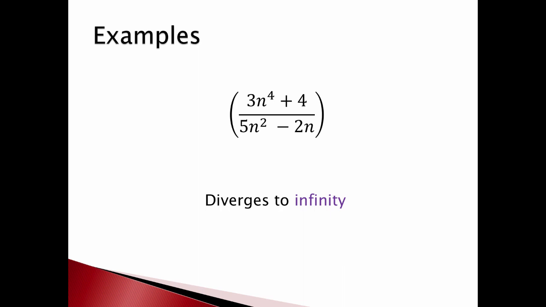So unless there are problems that require more work, like using L'Hopital's rule or something funny like that, we'll see examples of those in a later video. We can just look at this and just see what the answer is and go on. And if you need to explain on an exam why the answer is what it is, you can just say the most powerful thing in the top is n to the fourth, the most powerful thing in the bottom is n squared, the top wins, so it goes to infinity.